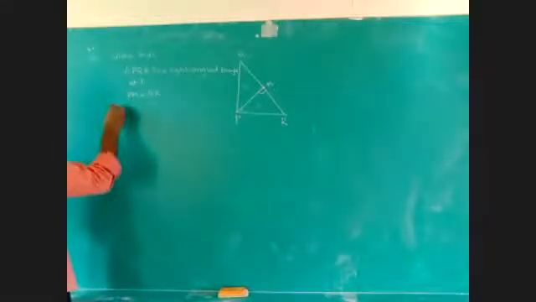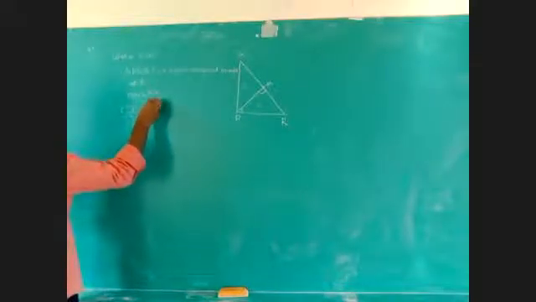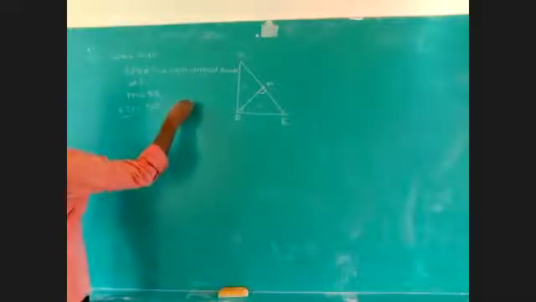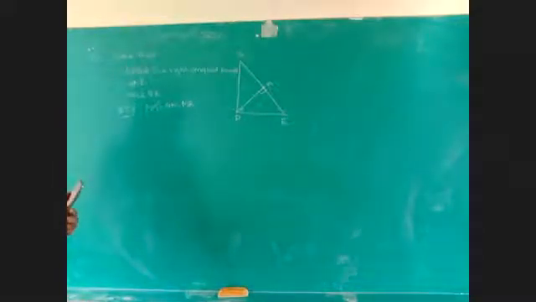Then prove that PM square equal to QM into MR. This is RTP. Now, proof.